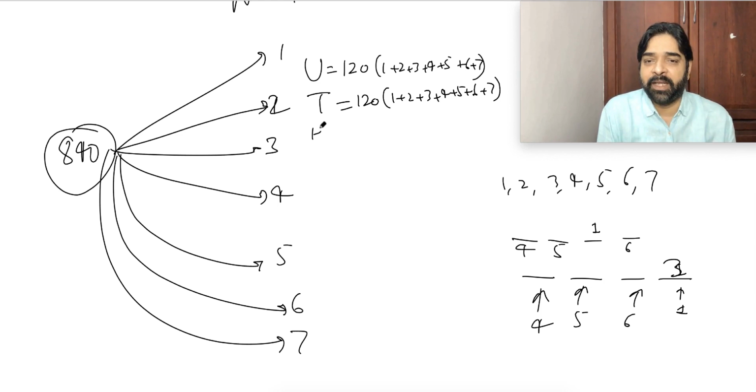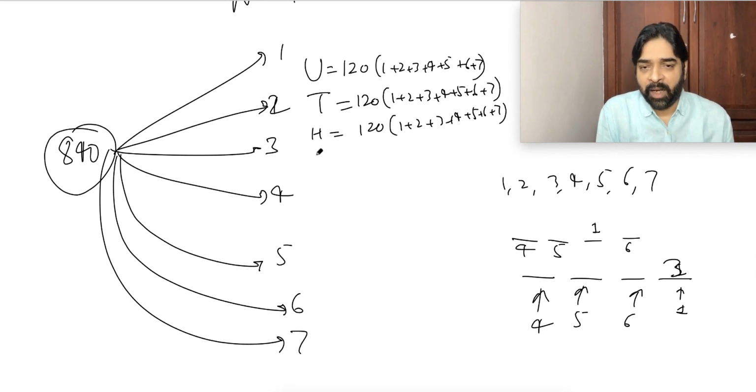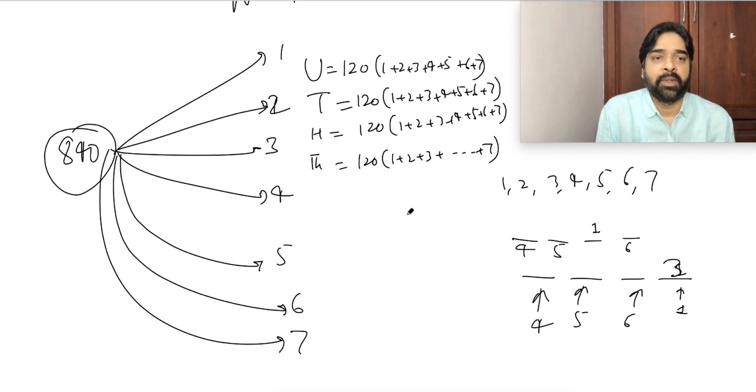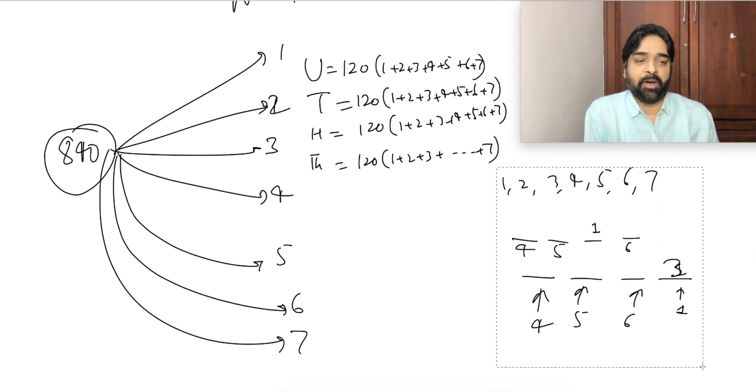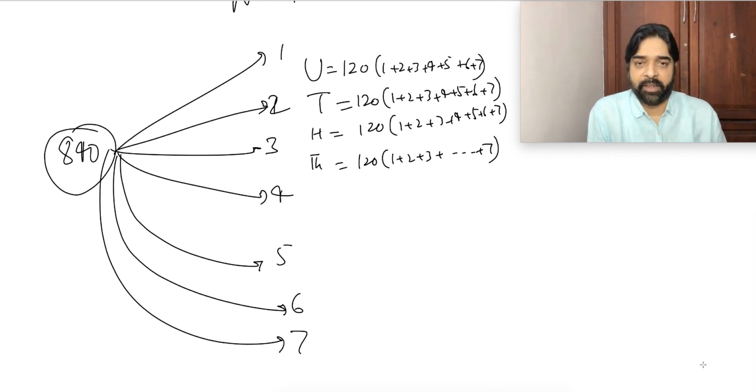Sum of the 100th place, same thing: 1 plus 2 plus 3 plus 4 plus 5 plus 6 plus 7. 1000th place, same thing. Yes or no? Means we got the 10th place, the 100th place, everything.